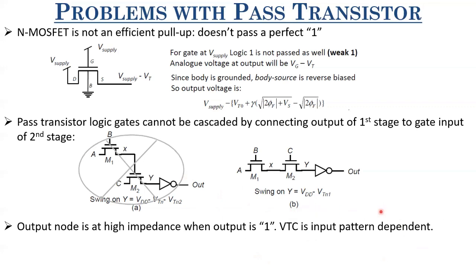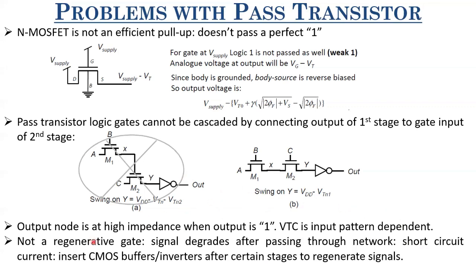So apart from this, the other problem is that it's not a regenerative gate. Because the signal is VDD minus VT, it's not regenerative, and the signal always degrades after passing through the network.